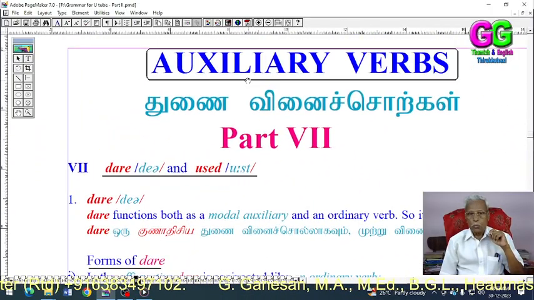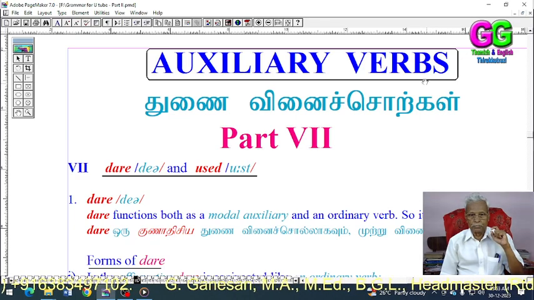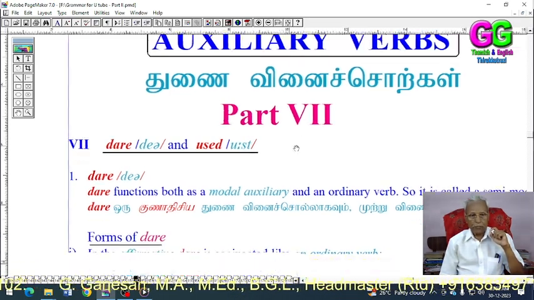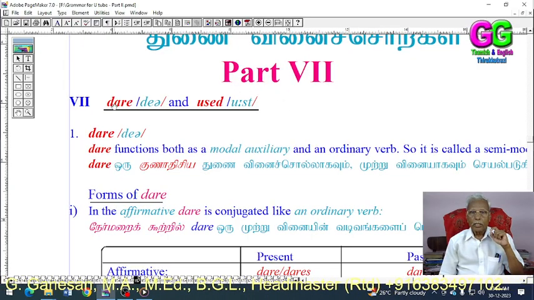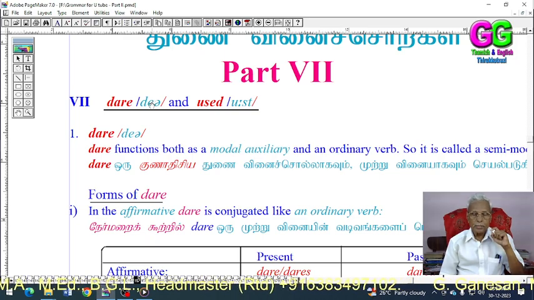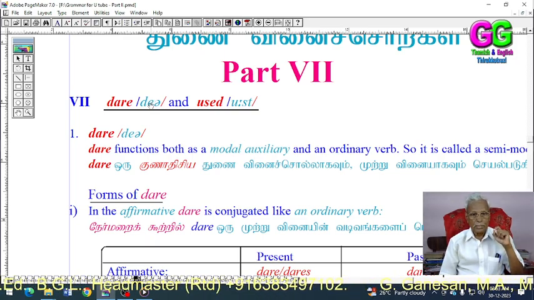Auxiliary verbs part 7. Dare. It is the word, and this is its pronunciation. Dare.